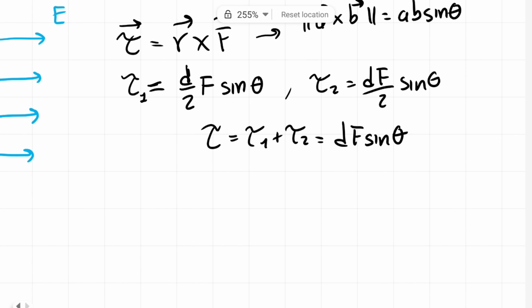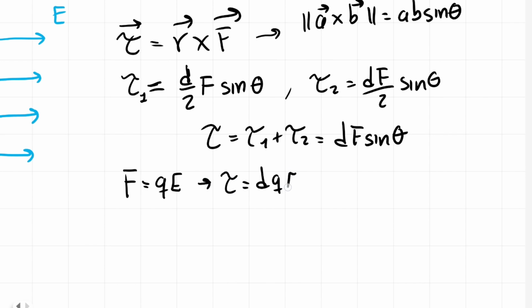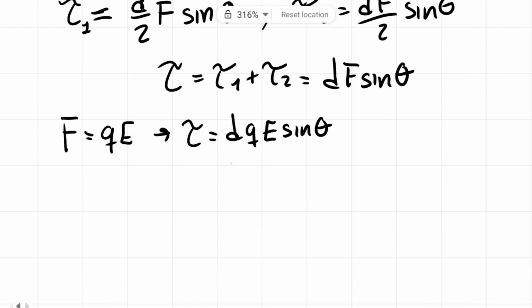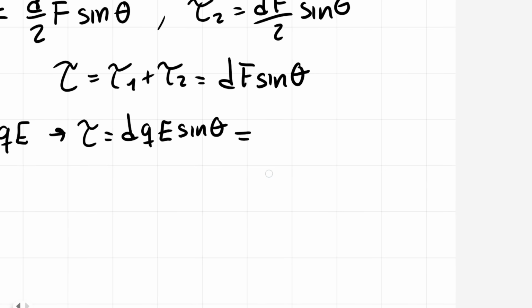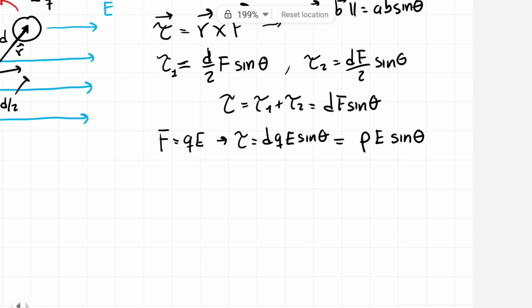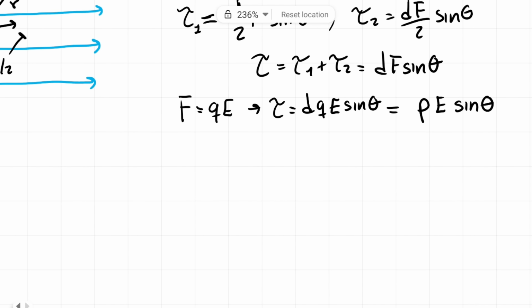And also, you know that we can express the magnitude of the force F in terms of the electric field as Q times E. So the torque is equal to d Q E sine theta, where we can easily see that this Q times d is the very well-known concept of dipole moment, P. So we will see this as P times E times the sine of theta.